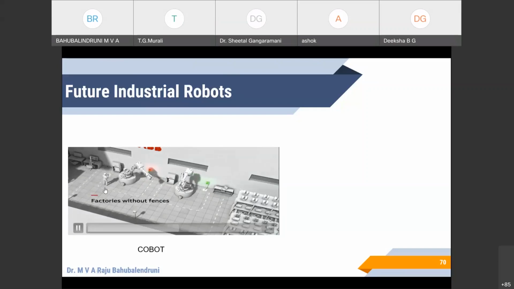You can see if a person enters inside the grid, when a person enters this robot sphere, immediately there is a red kind of sensor and it stops working. And here you can see the green, which indicates that this robot is in working condition.